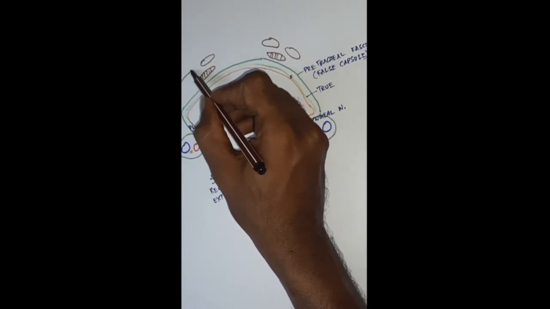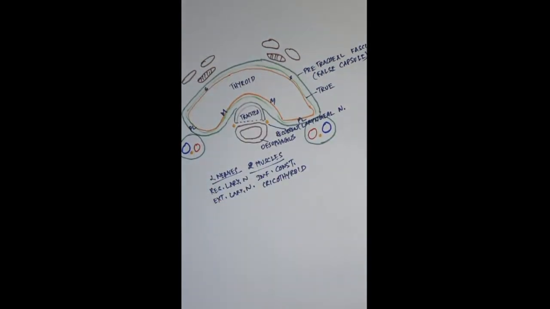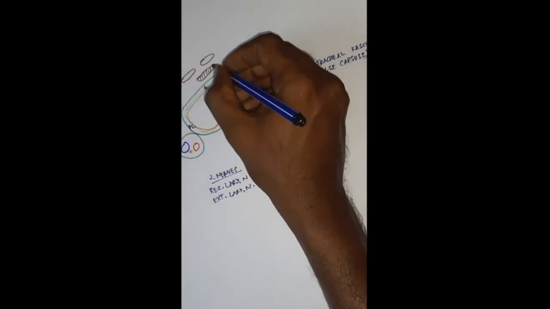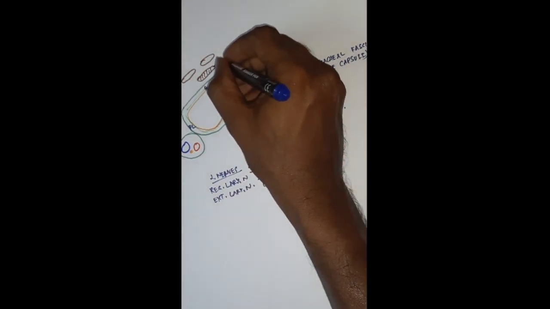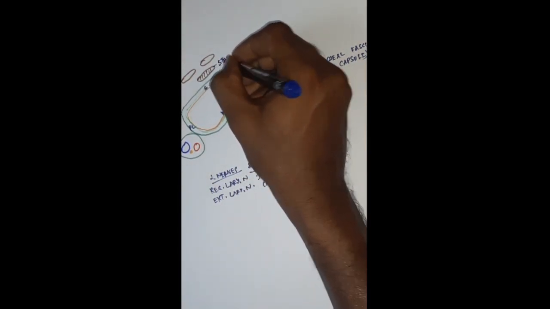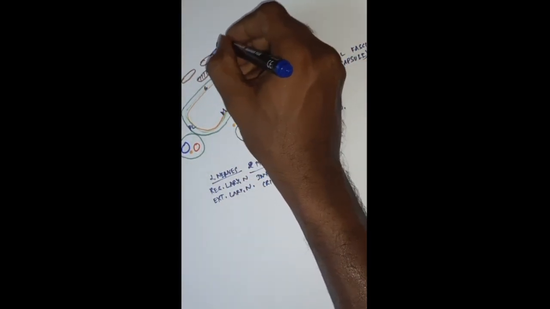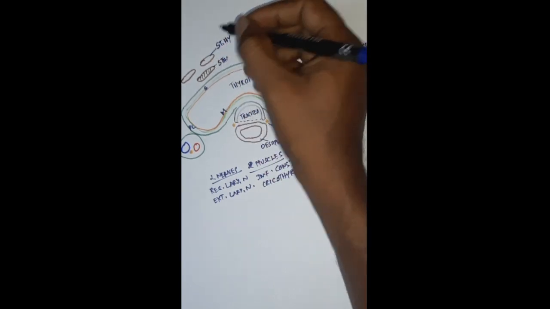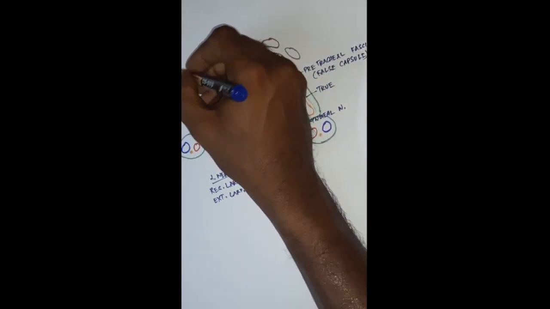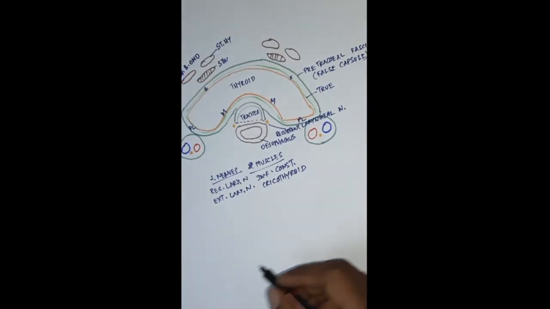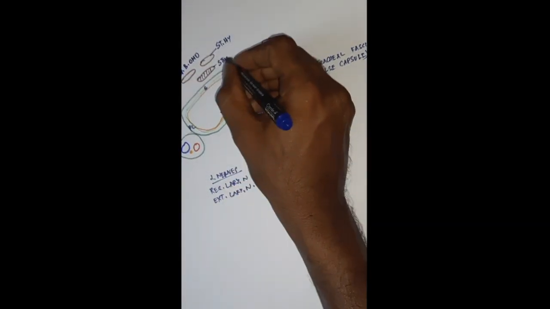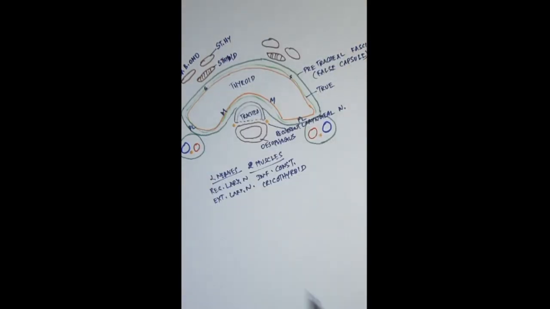Got it? Label the muscles. This is sternothyroid. This is sternohyoid. This is the superior belly of omohyoid. This is sternothyroid. So that applies to both sides.